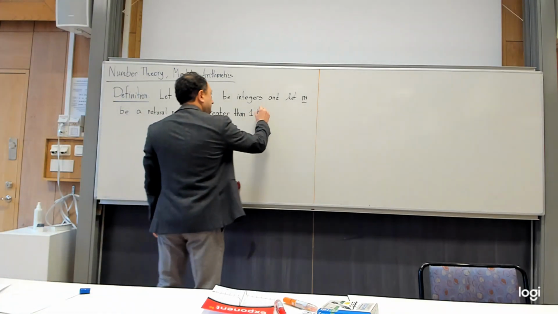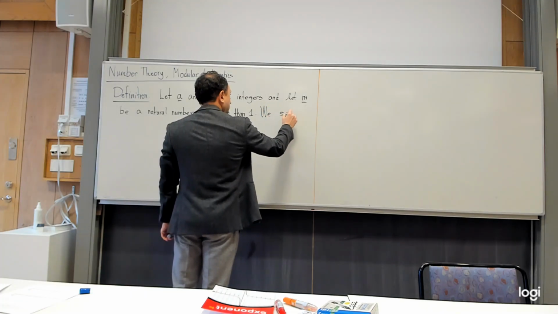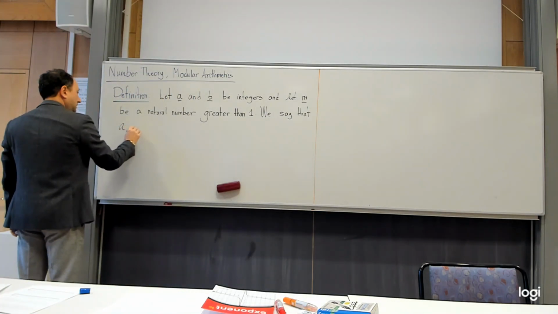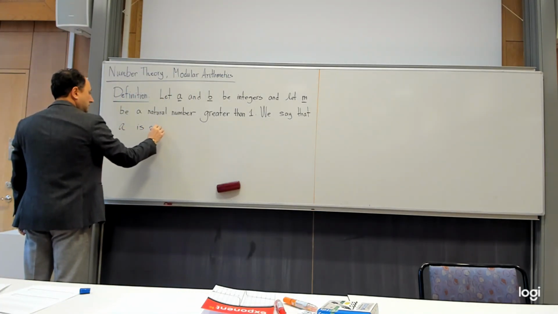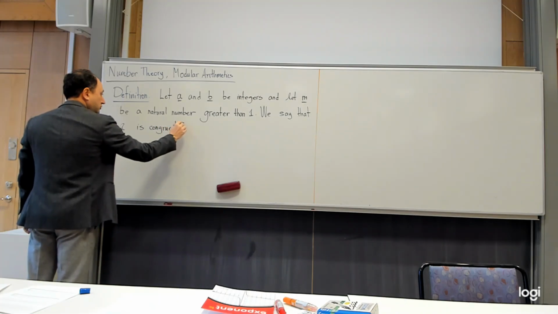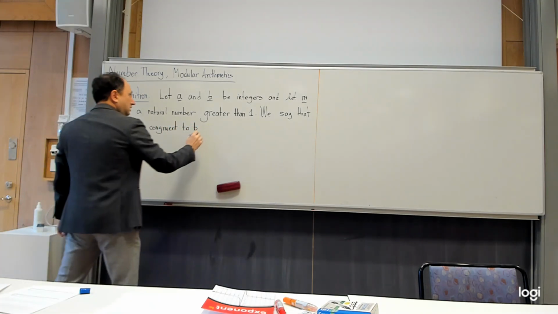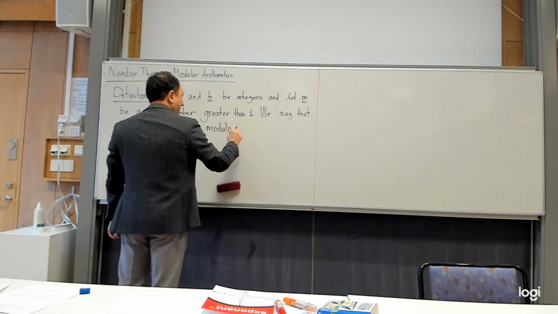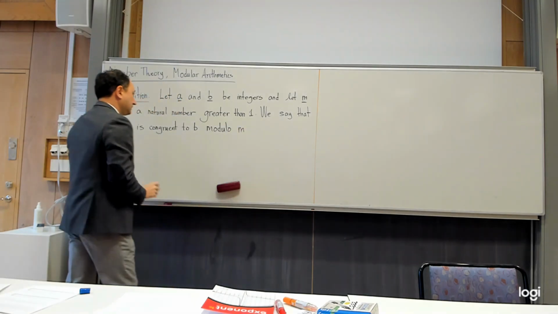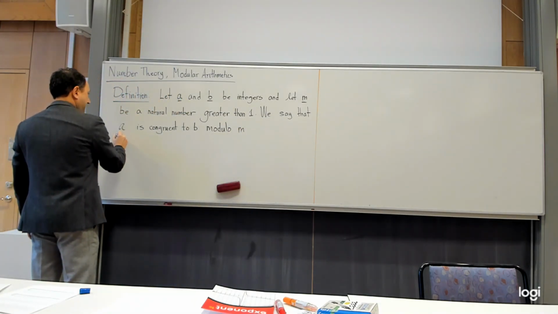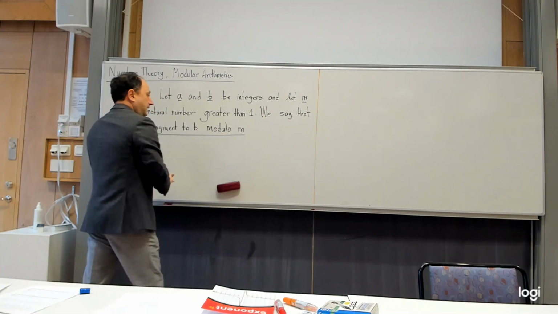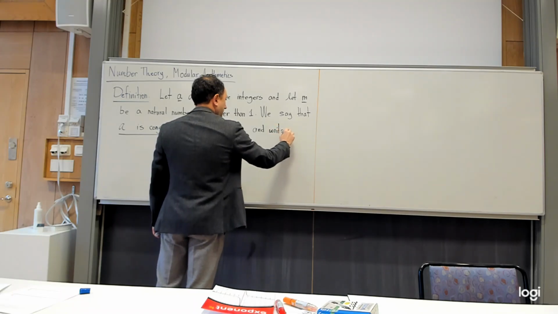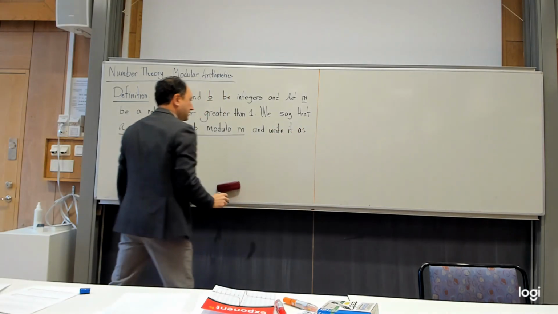We say that A is congruent to B modulo M, and write it as follows.